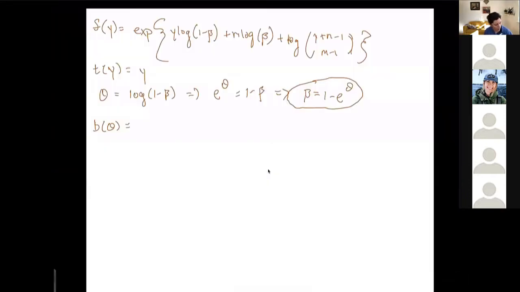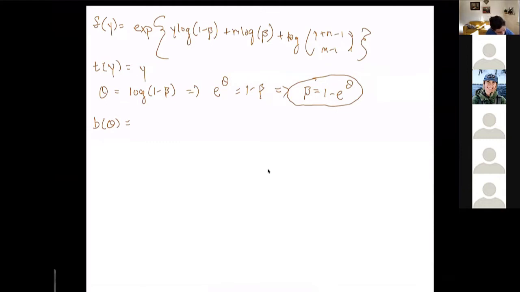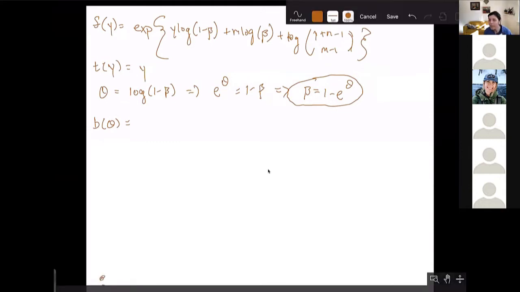Is going to be what? It would be negative. It would be negative log of 1 minus e to the theta.